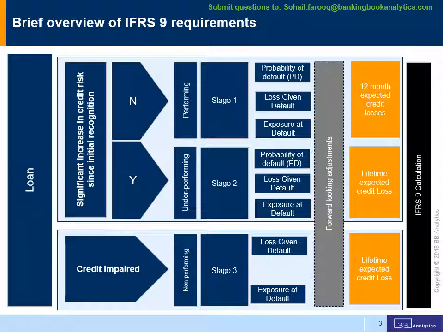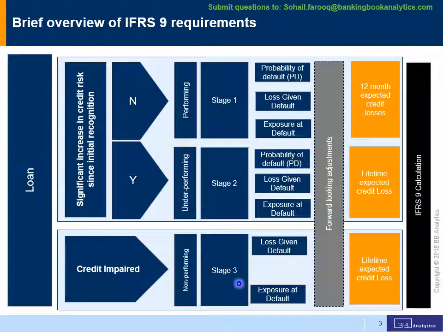So what does our tool accomplish? Before we answer this question, we need to look at IFRS 9 requirements. Under IFRS 9, each loan or a portfolio of loans is viewed through a lens of three buckets. These buckets classify them into stages 1 to 3.